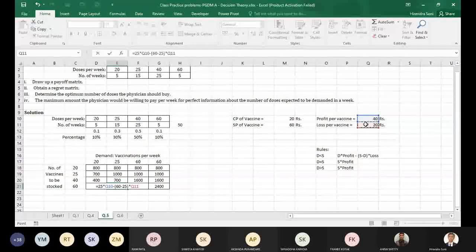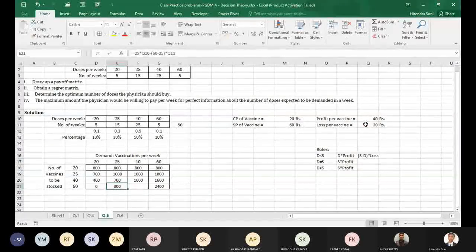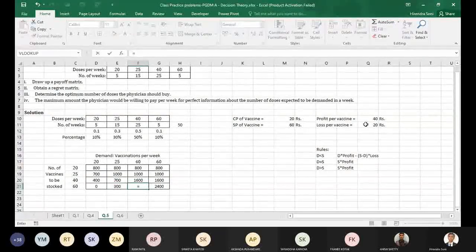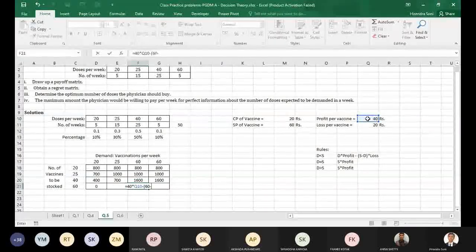So 300 आपका payoff होगा. What about this one? Equals to 40 into this 40 minus the difference. Difference is 60 minus 40 into your loss.